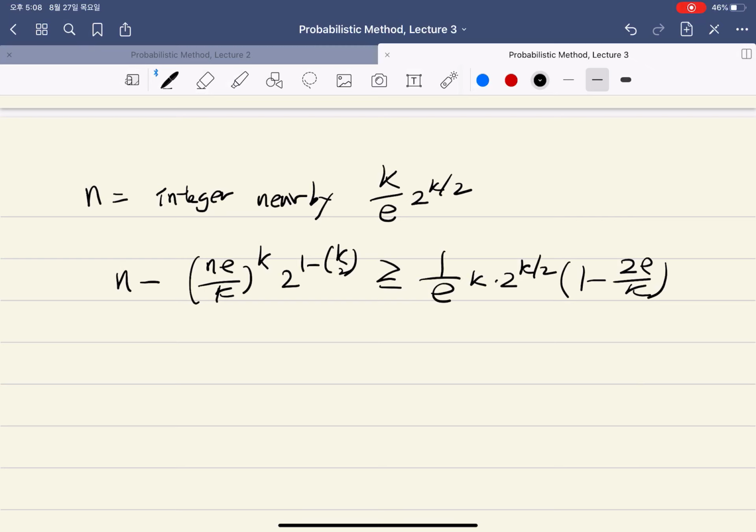So this is a simple calculation. So this is 1 minus o of 1, which gives this lower bound, as I mentioned.